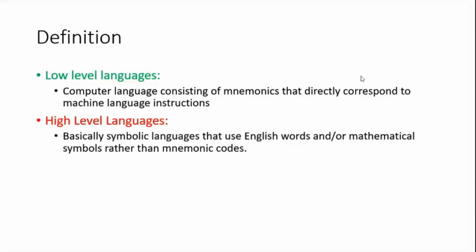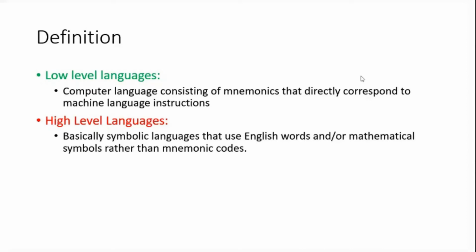Okay, now some differences between low-level language and high-level languages. This particular topic is important. What is the difference between high-level languages and low-level language? That is an important question from the examination point of view. A low-level language is a computer language which consists of mnemonics that directly correspond to machine language instructions.